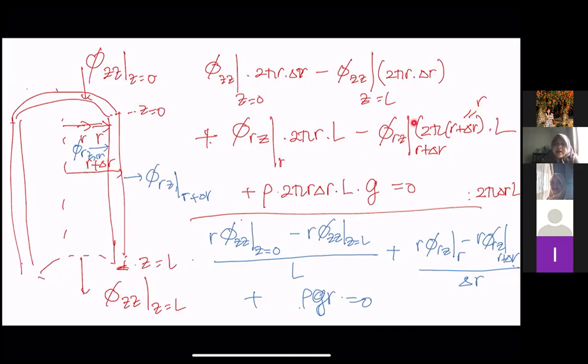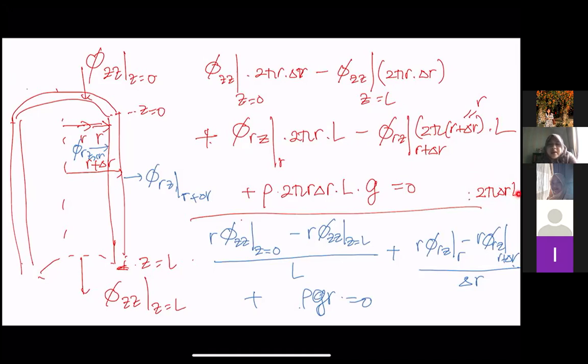The r here refers to r equal to small r, which is this length. However, this r over here refers to r plus delta r. So we can't divide with r.